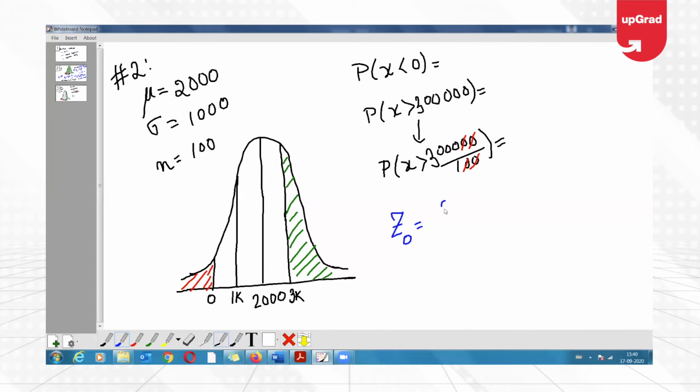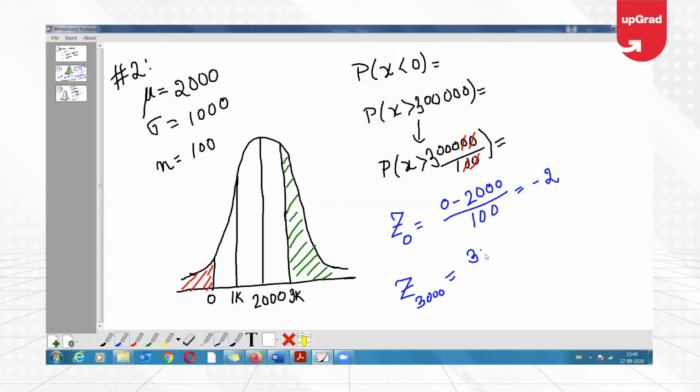So loss is 0 minus the mean is 2000 divided by standard deviation 1000, which is minus 2, and a z score of 3000 is 3000 minus 2000 divided by, it should be 1000.